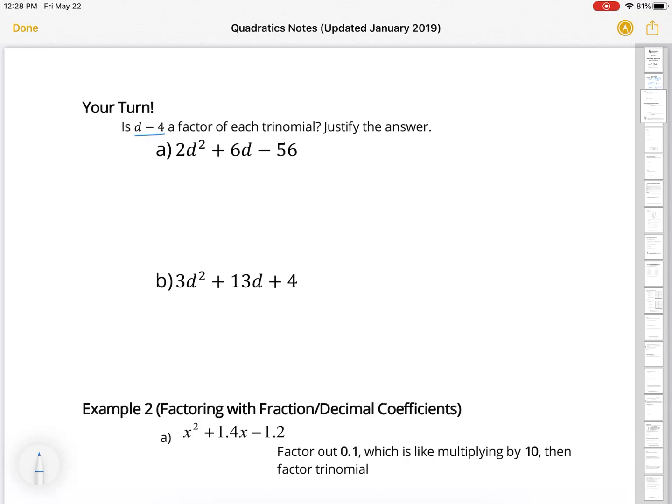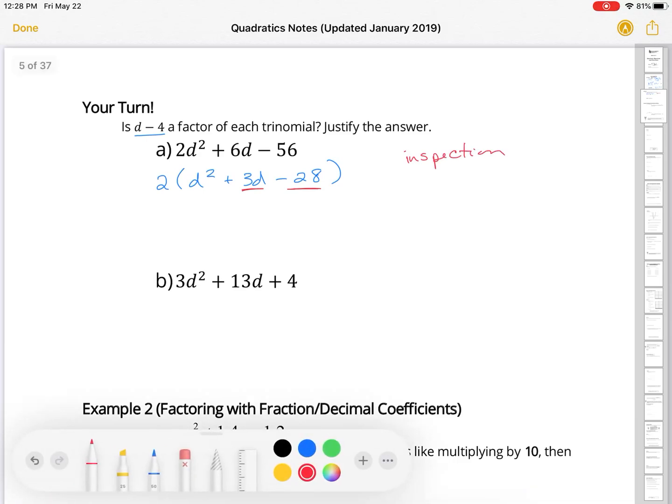So first one, I'm going to common factor first. So 2 times d squared plus 3d minus 28. So I need two numbers that multiply to give me minus 28 and add up to plus 3. So I'm looking at these terms. I'm using inspection to solve this one.